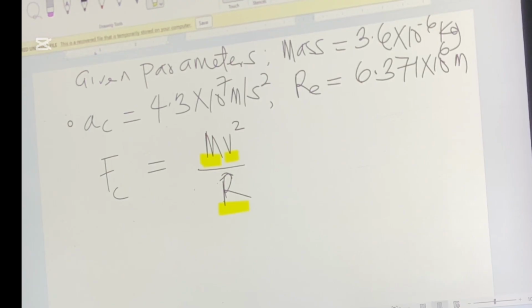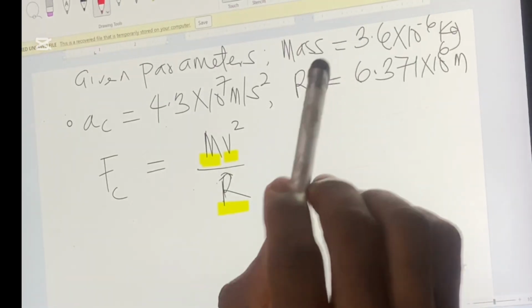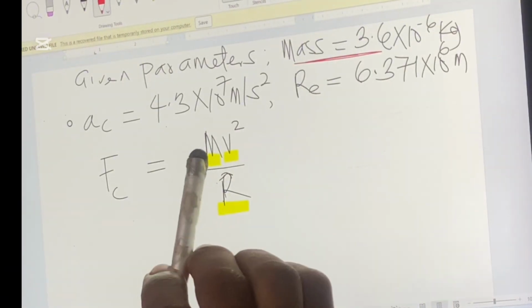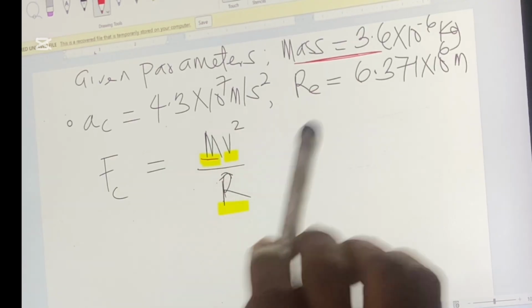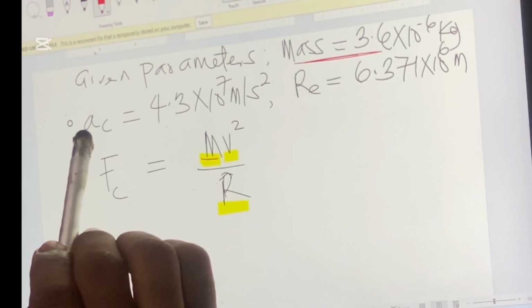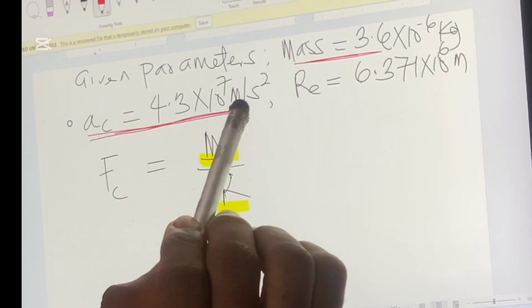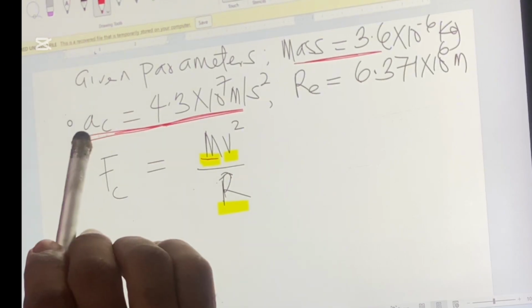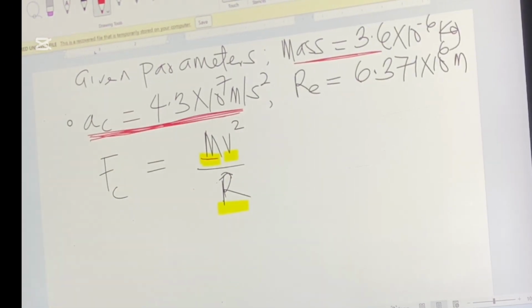But if you look into this question here, class, we have a mass. We don't have velocity here, we have radius, and there's no other way to solve for velocity because acceleration is already given to us here. This is acceleration, or we call it centripetal acceleration, not only acceleration, it's called radial acceleration or centripetal acceleration.